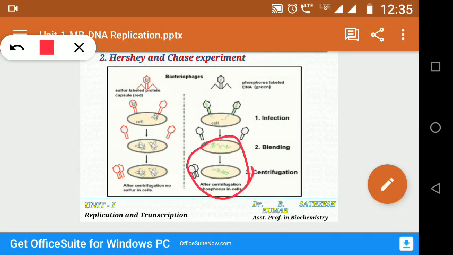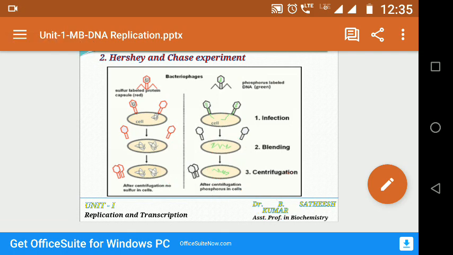Here also, the protein coats are not there, but the nucleic acid is there inside the cell. It is producing virions. So that means the nucleic acids are essentially the genetic material for the production of virions. It is not the protein coat that acts as genetic material. So this is how they experimentally proved nucleic acids as the genetic material.